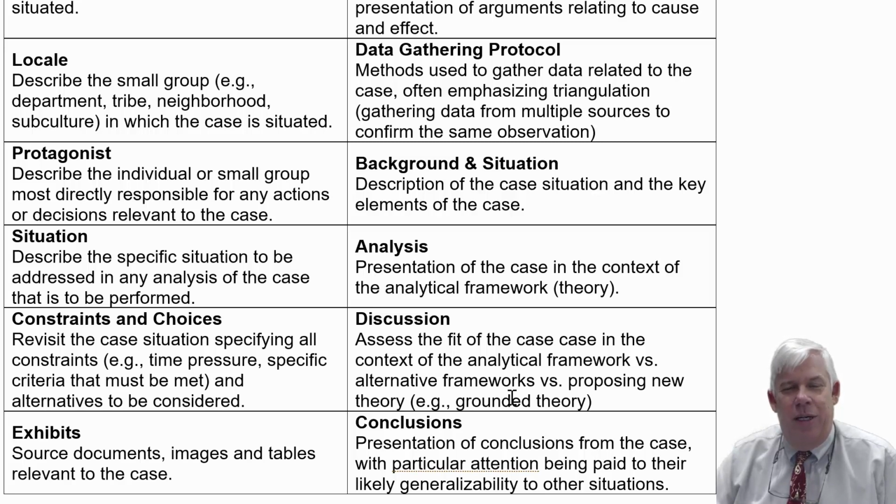In that case, we're dealing with something along the lines of grounded theory, because research cases are often exploratory in nature, as I've emphasized, and for that reason, sometimes our explorations lead to a new theory.